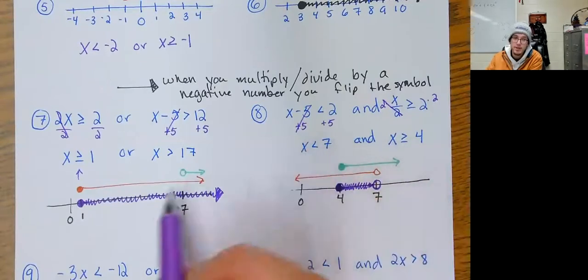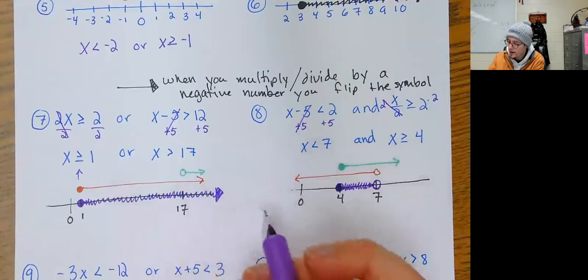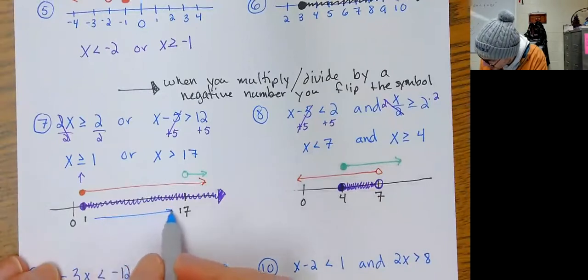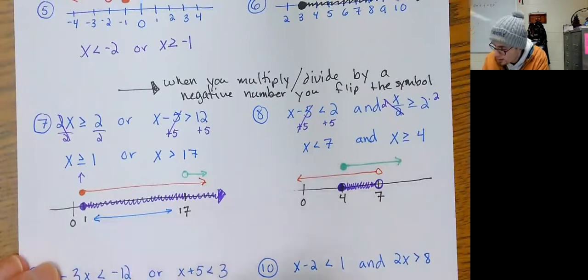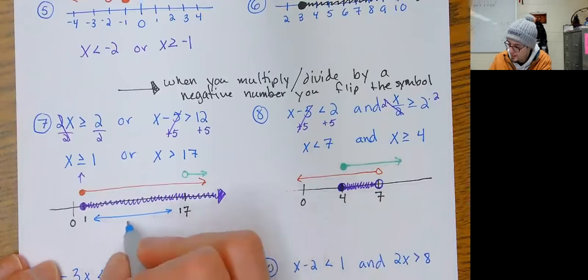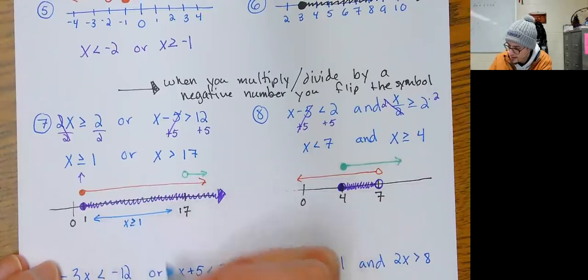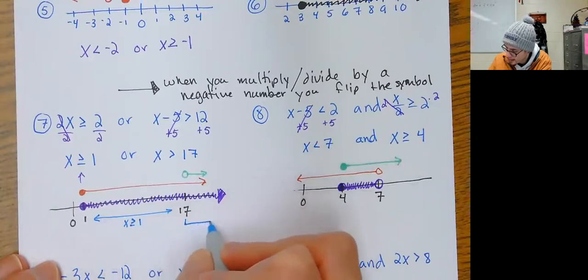The difference here is all of the values in between here and here only work for X is greater than or equal to 1. And then all of a sudden, starting here works for both.